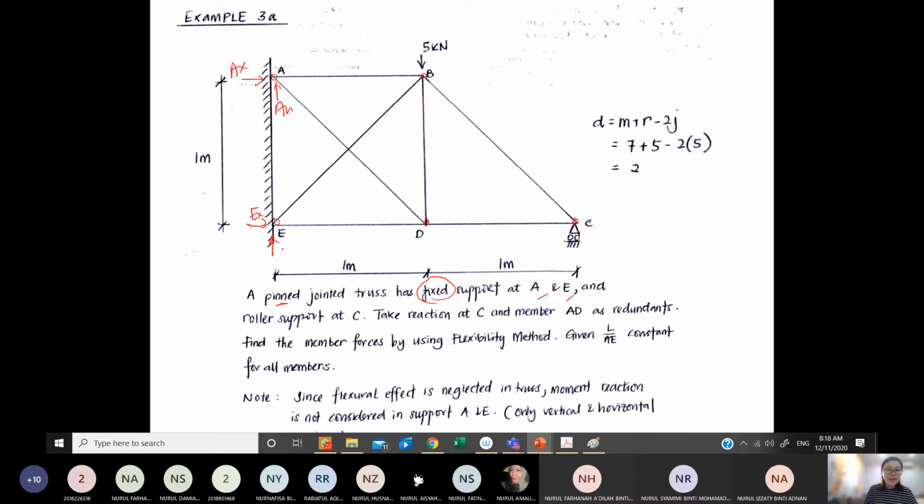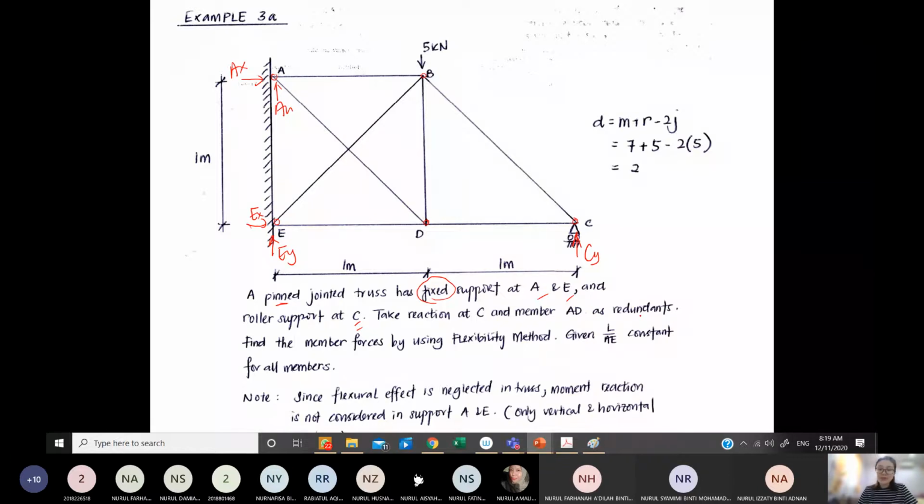So there is no MA and ME in this case. And we have a roller at C, which gives us CY. Now it says to take the reaction at C and member AD as redundant.